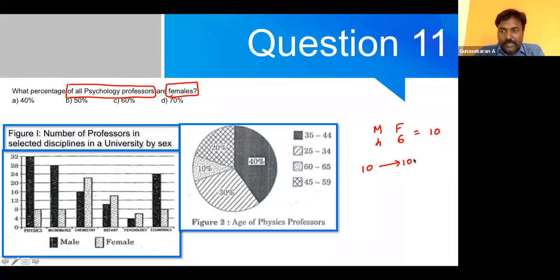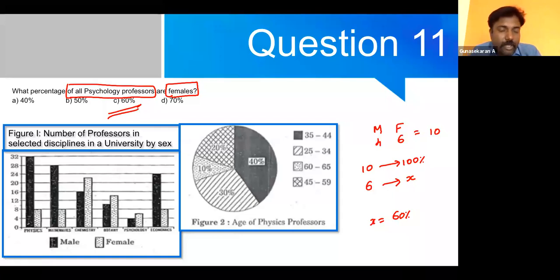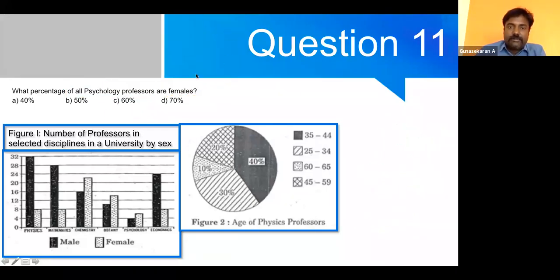Out of 100 percentage, 6 is how much? In total, female is 60 percentage. Psychology, male 4, female 6, overall 10. In 10, 6 is 60%. Is it clear?